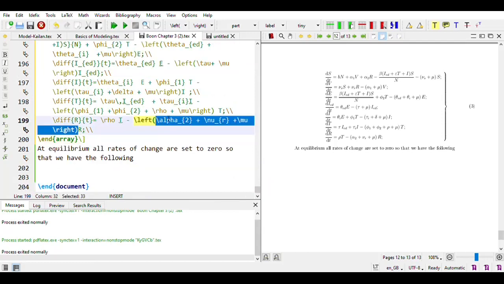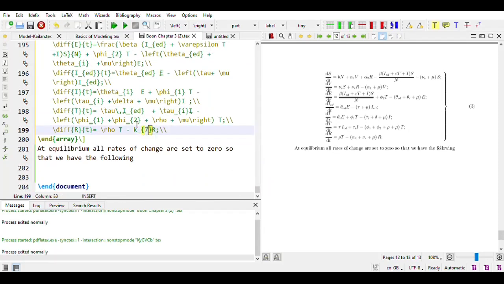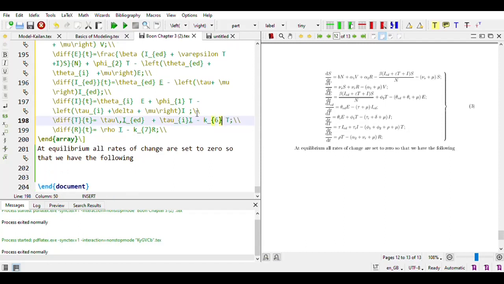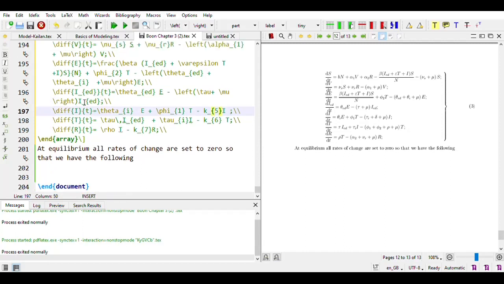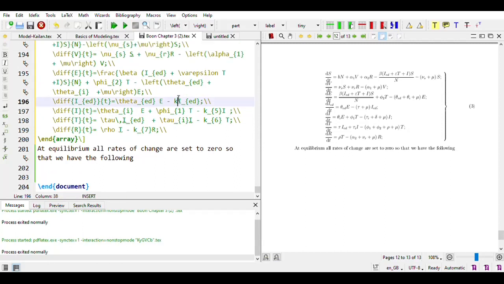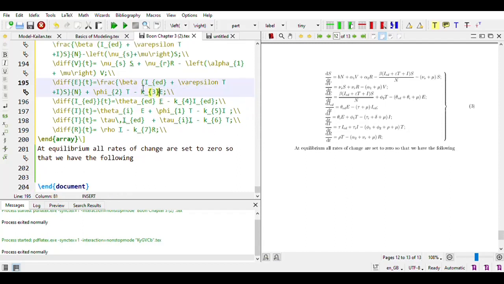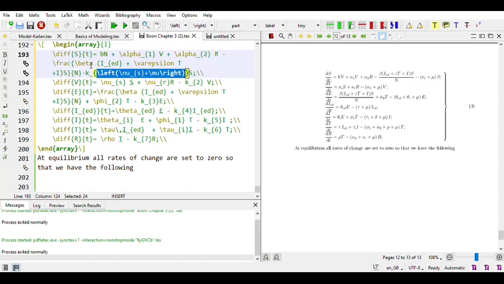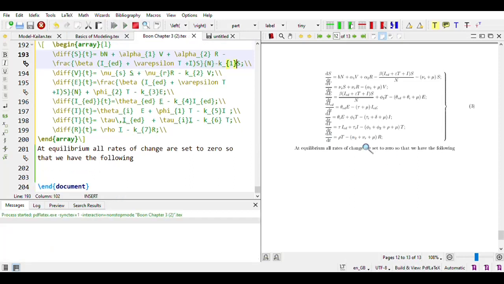The last expression here is k7, so put k7 there, and this expression is going to be k6, this expression is k5, this one gives us k4, this gives us k3, this gives us k2, and finally mu_s plus mu gives us k1. And so we have something like this.